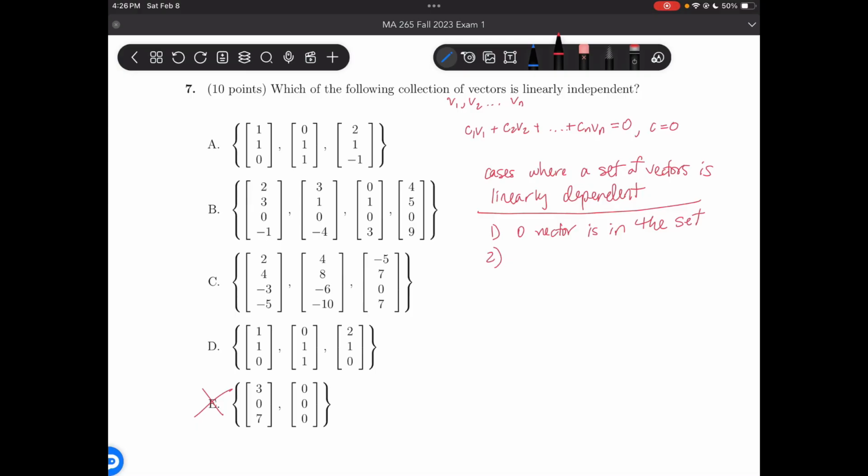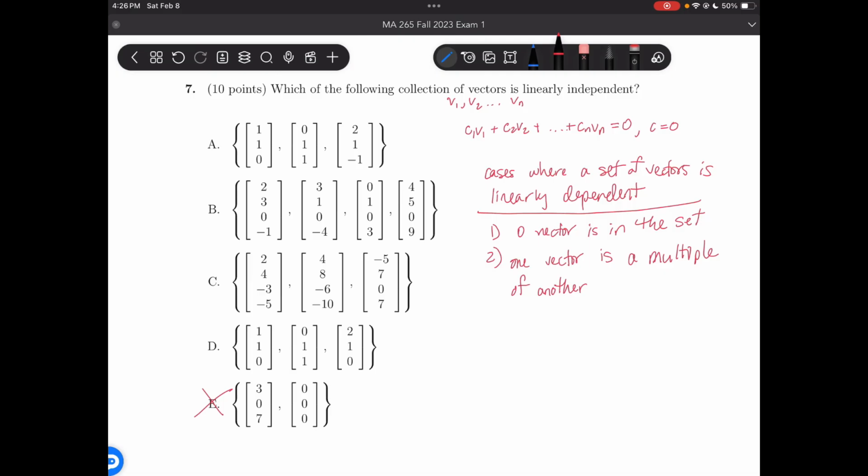Okay, the second would be a case where one vector is a multiple of another. So for example, if I had the vector 1, 1 and the vector 2, 2 in a set, that would be a linearly dependent set because it's possible to have a combination of those two vectors which would result in the 0 vector.